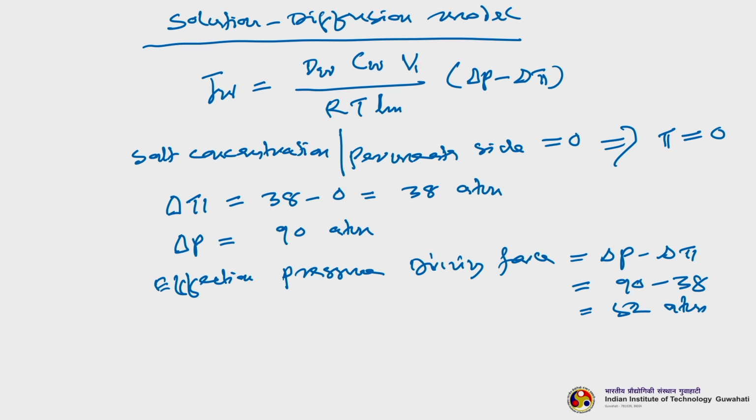Other data that is given: Cw equals 0.15 gram per centimeter cube, or we can write in terms of kg as 150 kg per meter cube. Jw, which is your water flux, is 5.2 micrograms per centimeter square second.